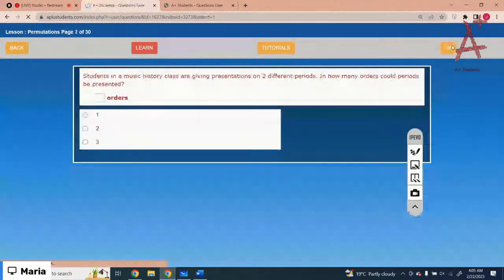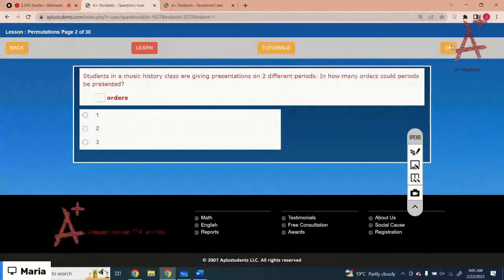Okay, the next one is: students in a music history class are giving presentations on two different periods.